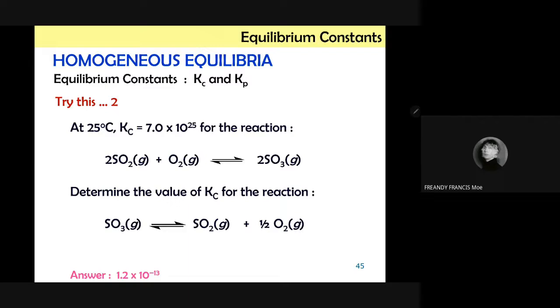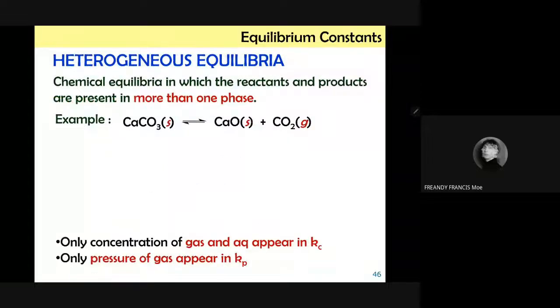Dapat jawab tak? Okay, alright. Kalau dapat, let's proceed to the last part of the lesson untuk today.